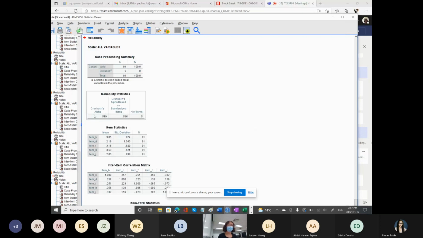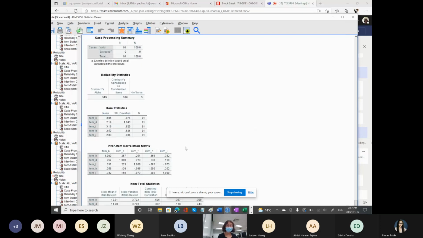Cronbach alpha 0.5, not good. That means we have a problem in this category with the problem-focused scale, because the Cronbach alpha is not greater than 0.7. This is our warning sign.